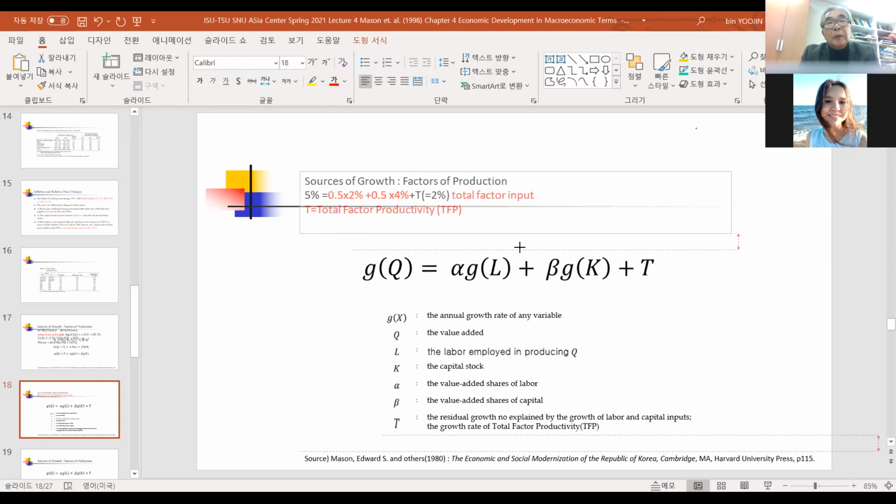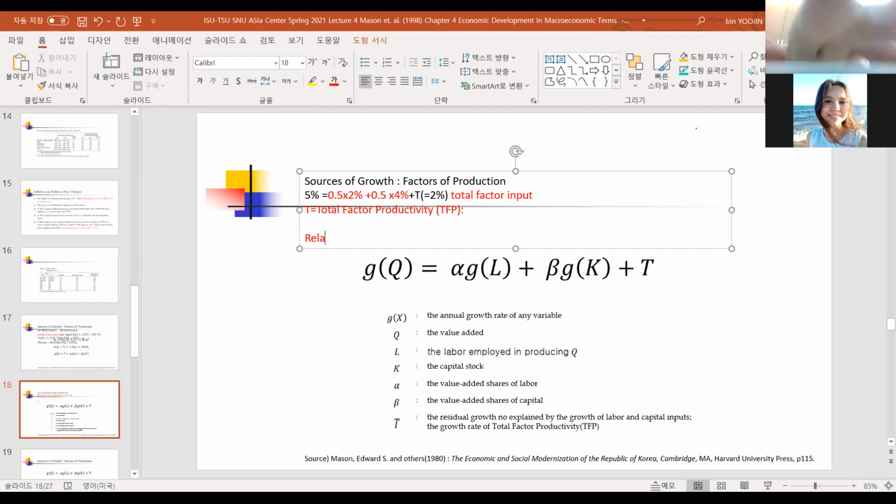But we define here the relative contribution to GDP, Q. How do we calculate?